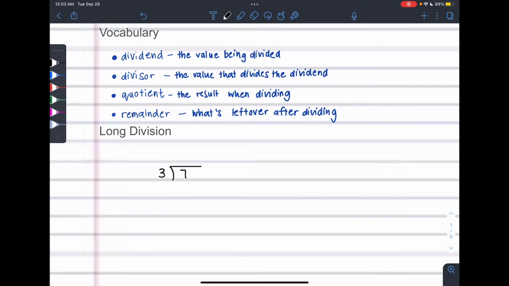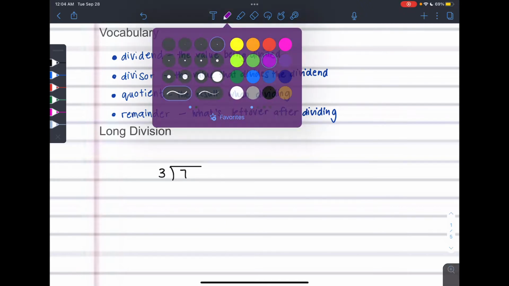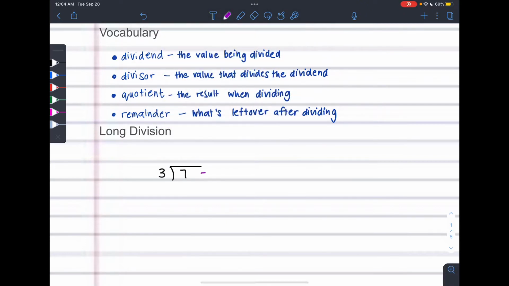So in this example, 7 is the number that's being divided. So this is the dividend. And 3 is our divisor. Okay. So we would read this as 7 divided by 3.